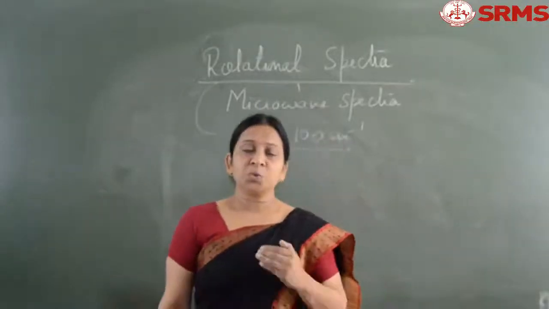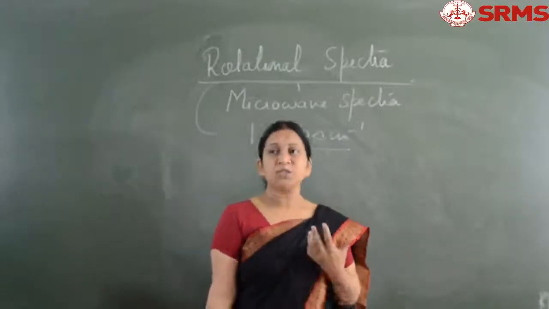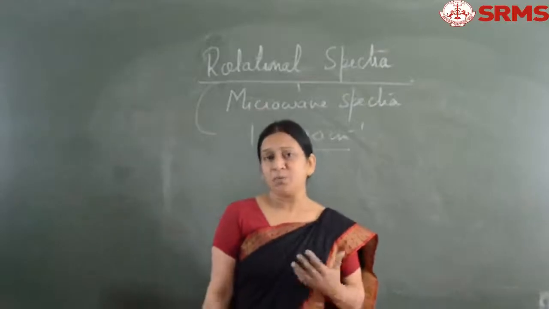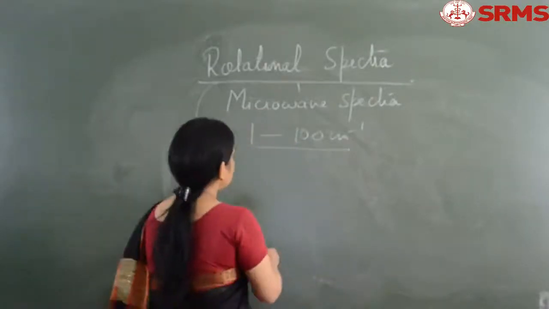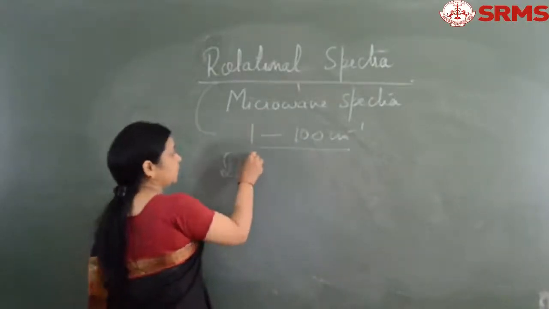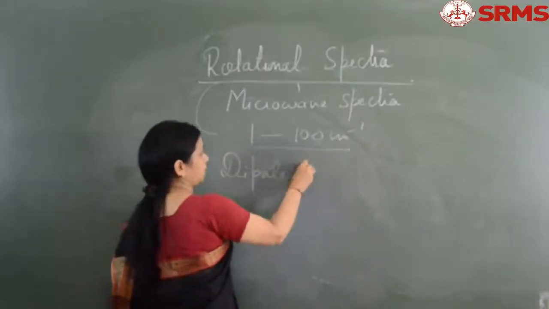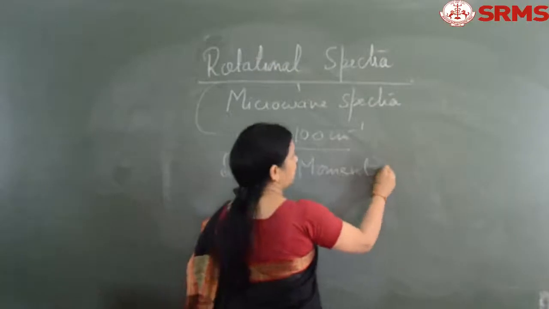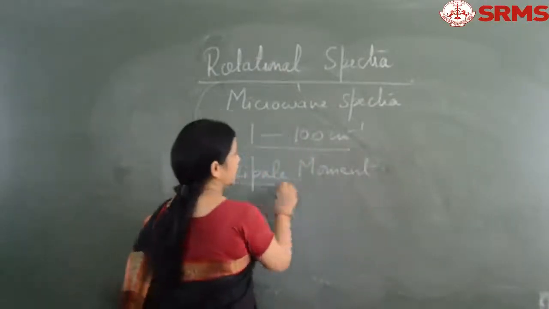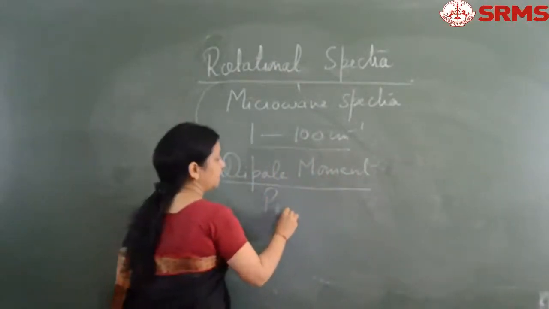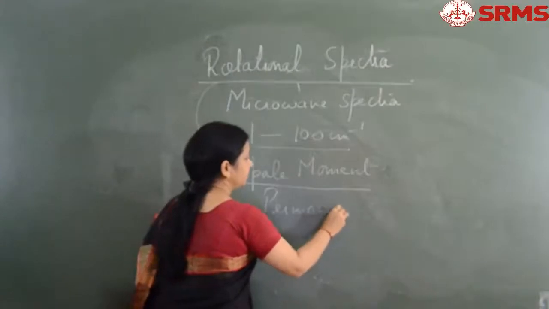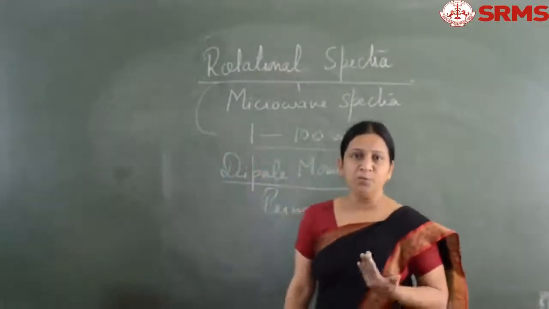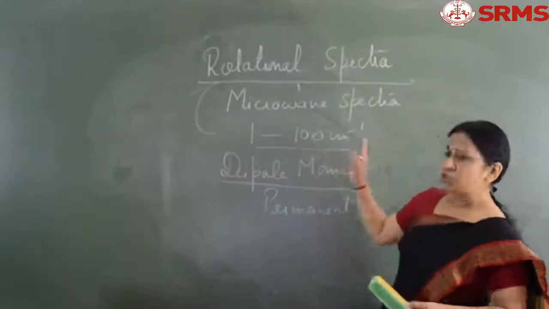Now, the molecules which are going to give rotational spectra are the molecules which have a permanent dipole moment. This is the condition for a molecule to give rotational spectra. So it should have a permanent dipole moment. All the molecules which have a permanent dipole moment are going to give rotational spectra.